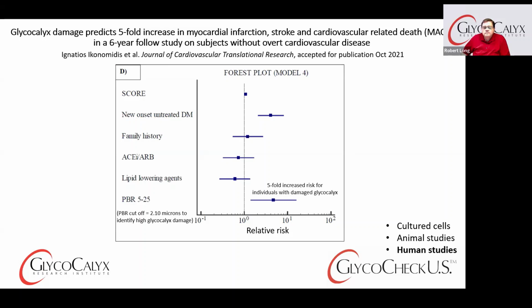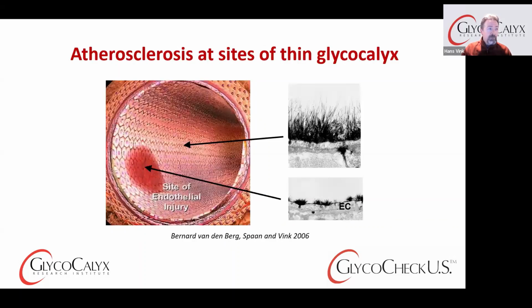Right, thanks. So now we want to know, how is glycocalyx involved? How does it lead to increased risk of atherosclerosis and a heart attack? So what we do know, if we look at the sites in these large arteries where the atherosclerosis starts developing, it's well known where these happen. Those are large branching points of bifurcating arteries.